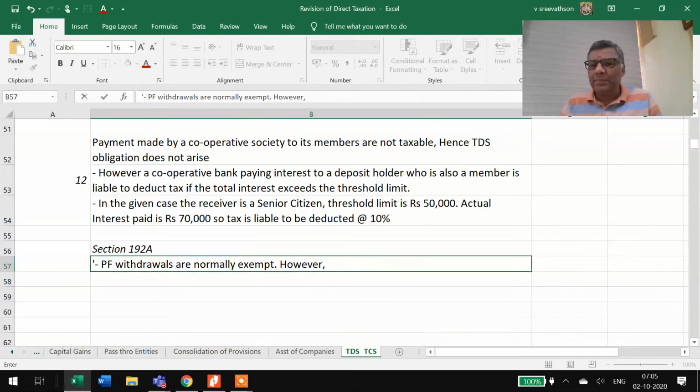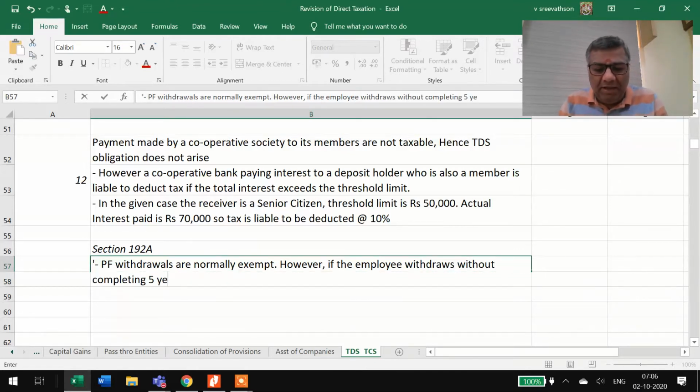However, there is one exception to this rule. If the employee withdraws without completing 5 years of continuous service, then it becomes taxable.